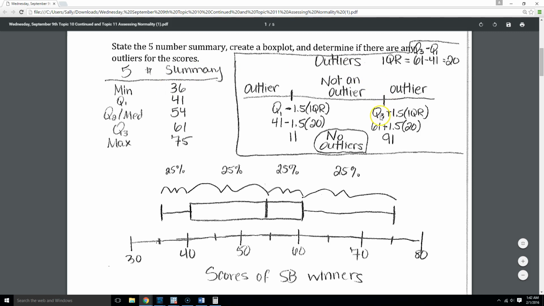On the other hand, Q3 is 61 plus 1.5 times this IQR is 91. And there's no scores that are above that. So for this example, there are no outliers. Just again, remember that the IQR is the Q3 minus Q1, and that is going to give us a distance of 20 here.